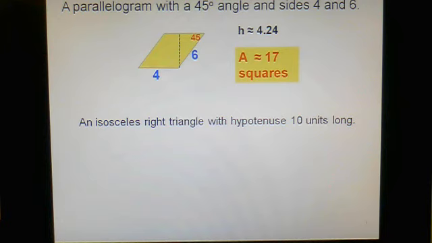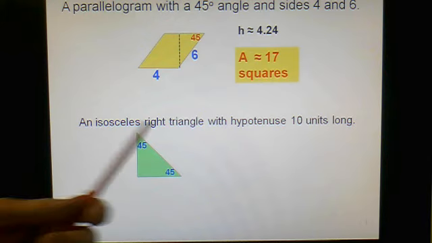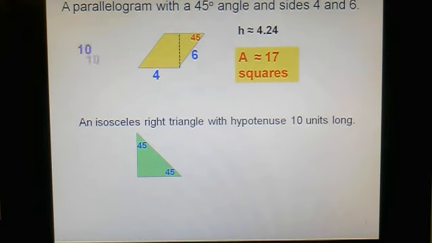So I'm jumping down to this easy one down here, an isosceles right triangle, which I just threw up there. Isosceles means sides are equal, means angles are equal, means it has a 45 and a 45 because it also is a right triangle. Hypotenuse is 10, so I threw that on there. So this kind of relates to this one up here. These are both the same. If you use ratios, your 1:1 to rad2 ratio, you can quickly get 5 rad2 for that side by dividing 10 by rad2.